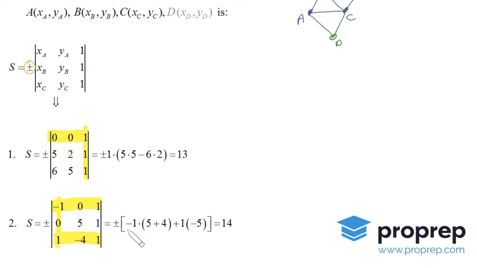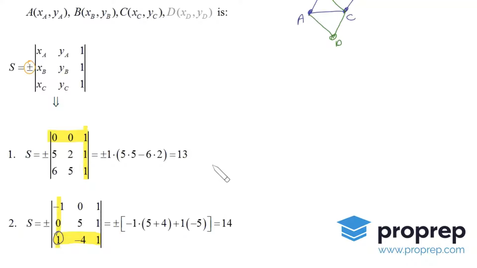It's 5 plus 4, times the minus 1. And for the 1, this is multiplied by the minor, which is 0 minus 5. So this time it's going to be negative. We have minus 9 minus 5, which is minus 14. So this time we pick the minus and we make it plus 14.